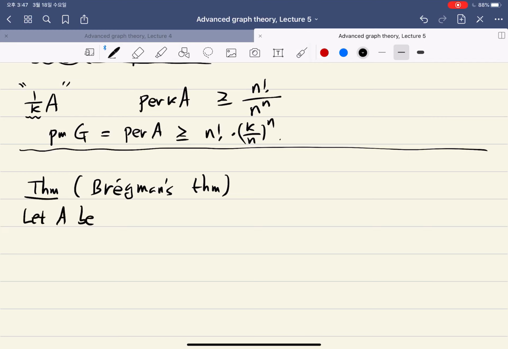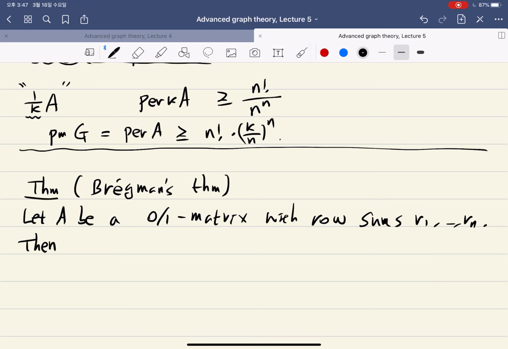Let A be a 0-1 matrix with row sums r_1 to r_n. Then what we know is the permanent of A is at most (r_1!)^(1/r_1) times (r_2!)^(1/r_2) times ... times (r_n!)^(1/r_n).